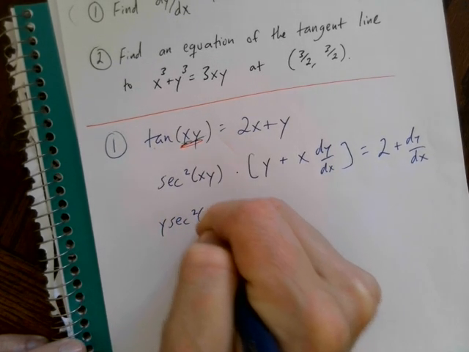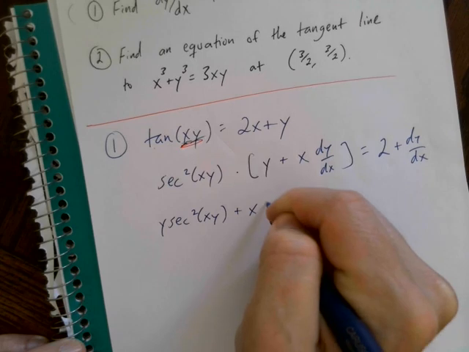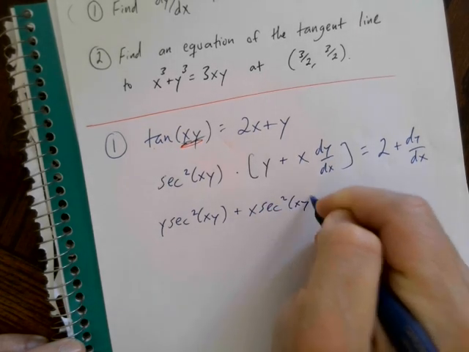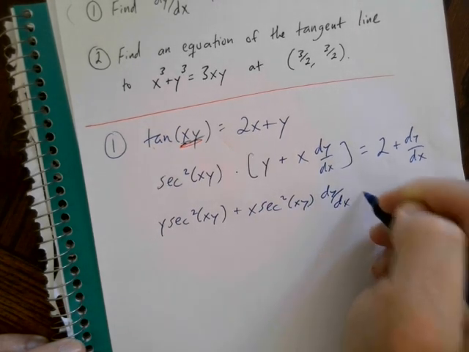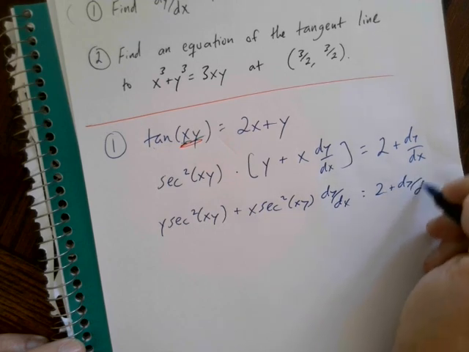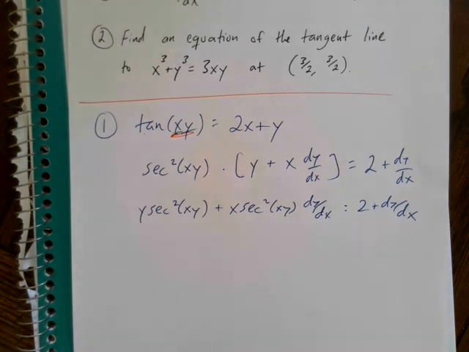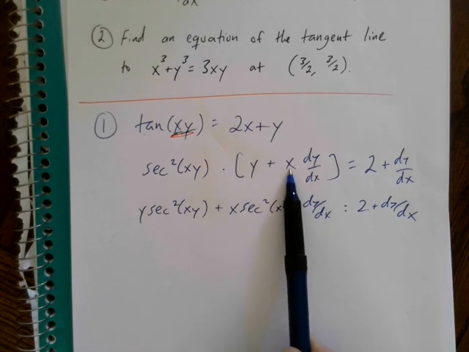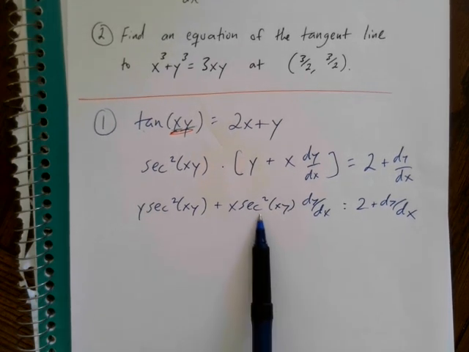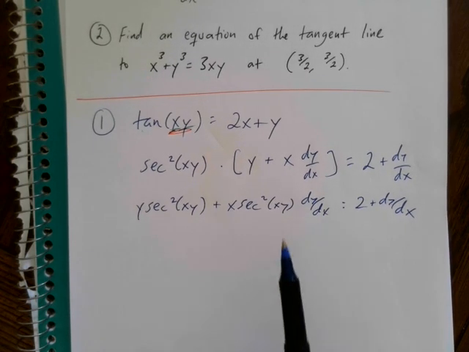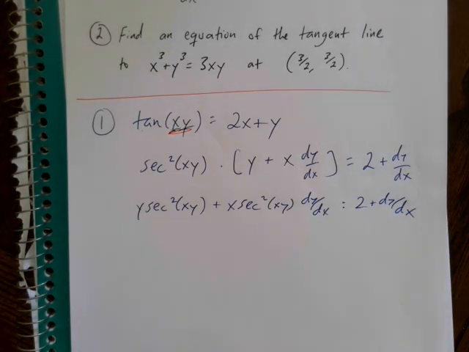So y secant squared xy plus x secant squared xy dy/dx. When you have all those terms being multiplied, you put polynomial terms in front, trig functions come after it, and dy/dx, differential terms, always go last. So that's the order that you would usually see these in.